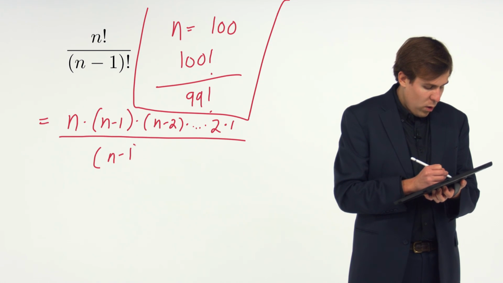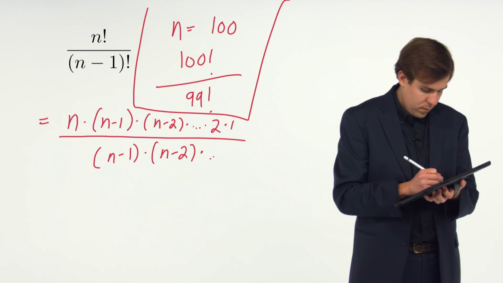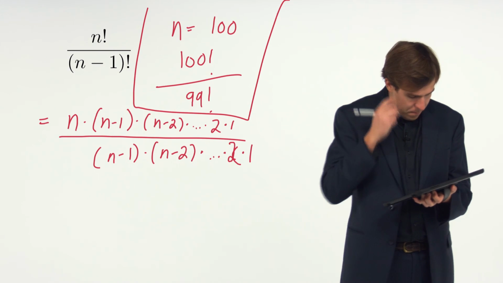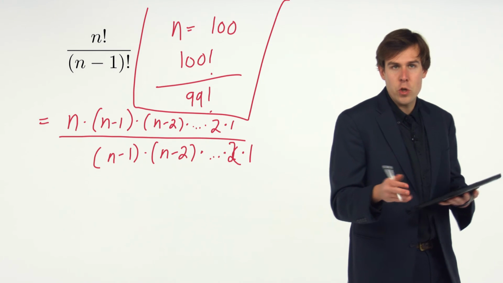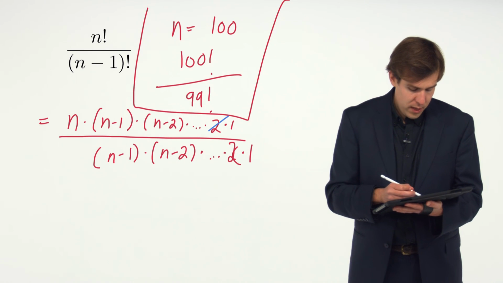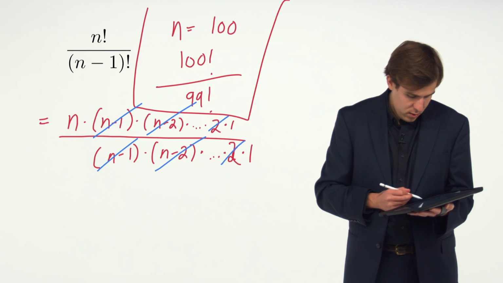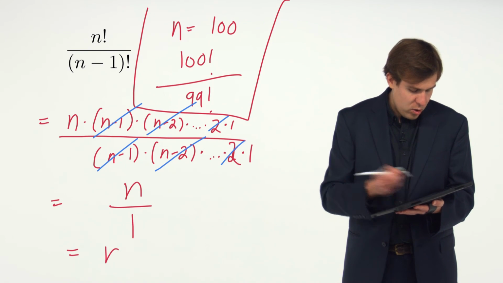And then n minus 1 factorial is n minus 1 times n minus 2 times 2 times 1. And as before, we'll get many cancellations. Let's look at what cancels. The 2's cancel, the n minus 2's, the n minus 1's. So I just get n on the top and 1 on the bottom. So just n.